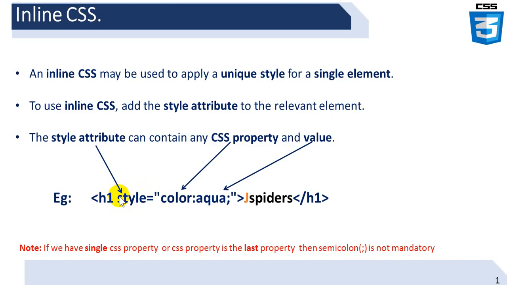So how to add inline CSS? With the help of style attribute equal to color colon aqua, which I pass in double quotes. You should pass the CSS property name, colon, and the value of that property. So color is my CSS property, and the value is aqua. So how to add inline CSS? With the help of the style attribute, equal to, in double quotes, the CSS property name, colon, the value.